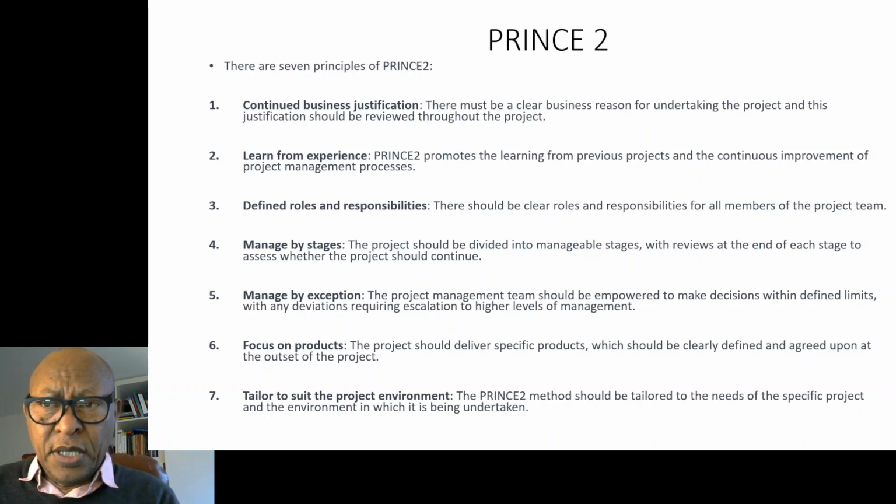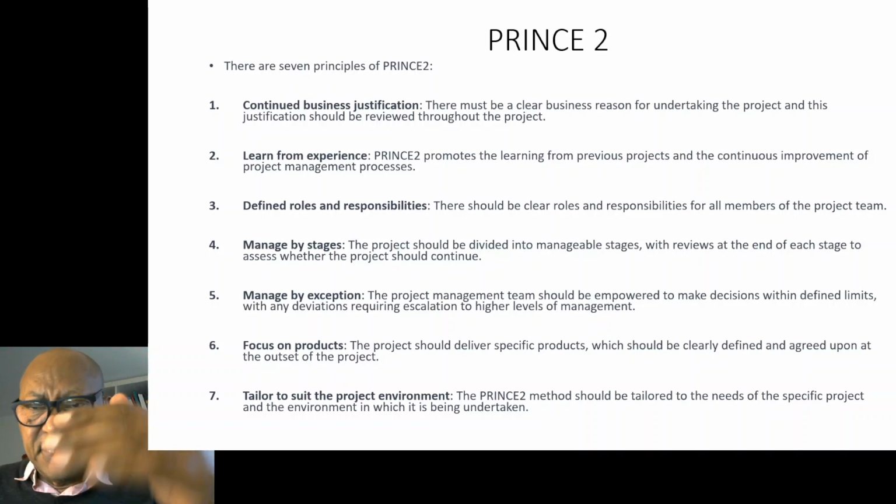The fifth principle is manage by exception. The project management team should be empowered to make a decision within a defined limit. The project manager has a responsibility and manages by exception. If this happens, this is the responsibility of the team.